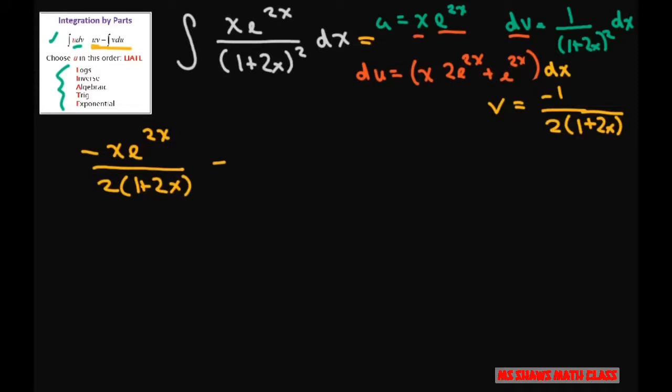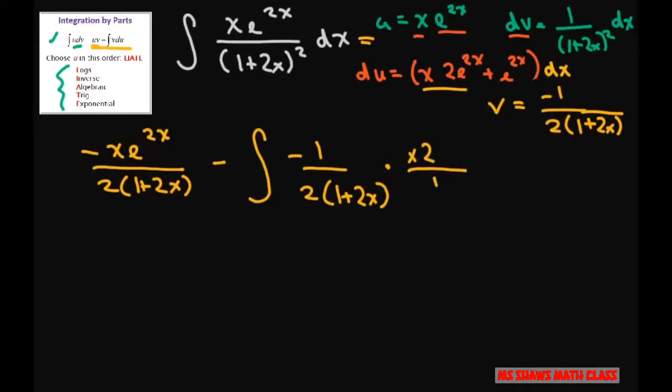Then we have minus the integral of v, which is negative 1 divided by 2 times 1 plus 2x, times this, which is going to be over 1. So that's going to be x times 2e to the 2x plus e to the 2x dx. So this you could just put there. That's negative.